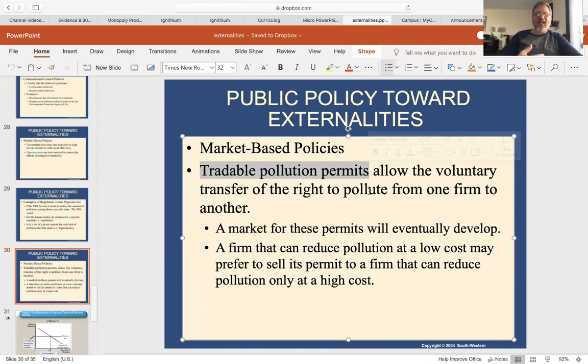I don't know if anybody's ever seen this or not, but normally the way the government does it is they set their pollution allowance regulation in terms of tons of pollution.